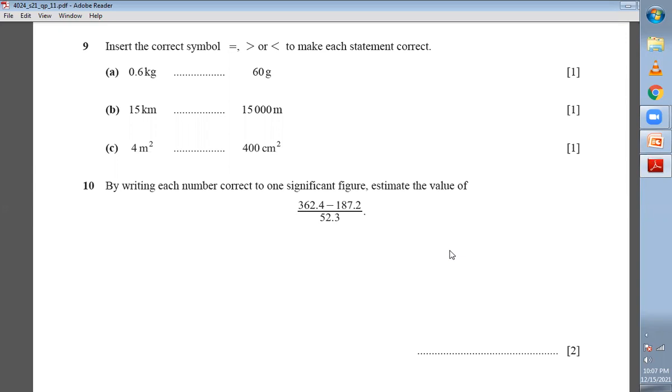So what you can do, you can write them in one significant figure. 362.4 in one significant figure will be 400. 187.2 in one significant figure will be 200. And 52.3 in one significant figure will be 50. And then the calculation will be very easy. The important word to be noted here is this word estimate.